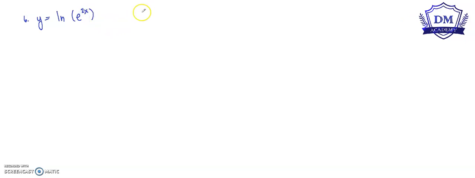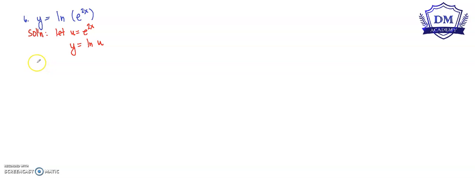Okay, so our solution here: again, we will let u be equal to e raised to 2x, and our function of y now will be ln of u.